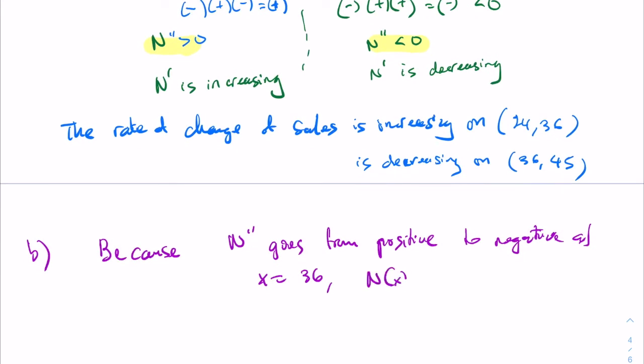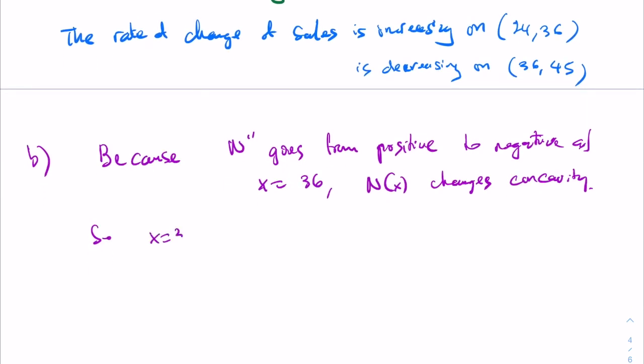N of x changes concavity. So that means x equal 36 is a point of inflection.